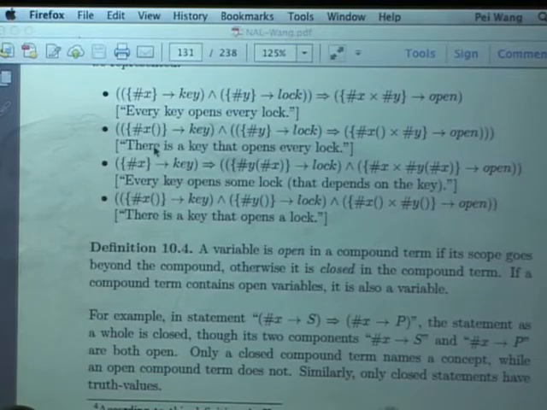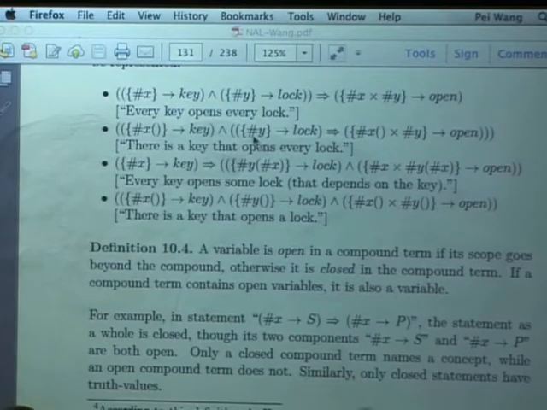The second sentence, there is a key that opens every lock. You see on top level, it is a conjunction of two sentences. First, you say, there is something called X, which is a key. Here, I'm not talking about every key. I'm talking about one specific key. So that's why this is a dependent variable, no matter how you mark it. Okay? And the second sentence itself is an implication.